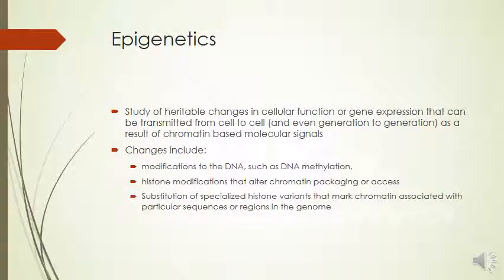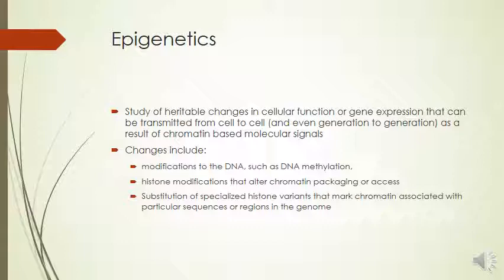If we look at epigenetics, it's the study of heritable changes in cellular function or gene expression that can be transmitted from cell to cell and even generation to generation as a result of chromatin-based molecular signals. These changes include modifications to the DNA, such as DNA methylation. You also can have histone modifications that alter the chromatin packaging or access.